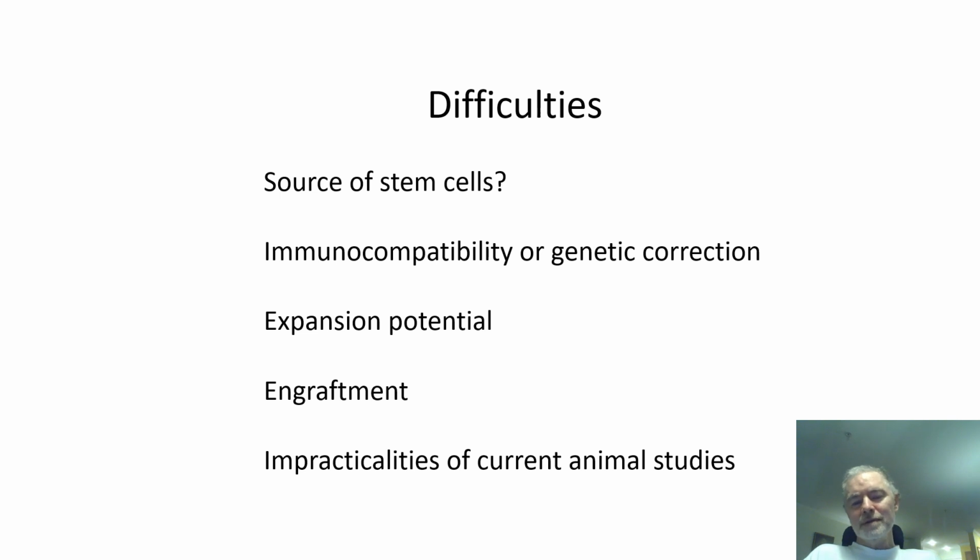Okay, so now if you can get a good source of the proper stem cells and make enough of them to treat a whole person, now you have to get them into the person's body. With gene therapy, the preferred way of doing it is to inject a virus into a person's bloodstream.